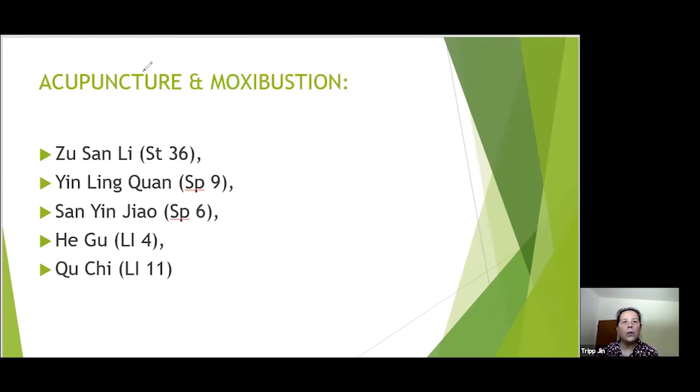And we can use acupuncture treatment. We say we need to tonify spleen qi, and also remove some dampness and clear heat.